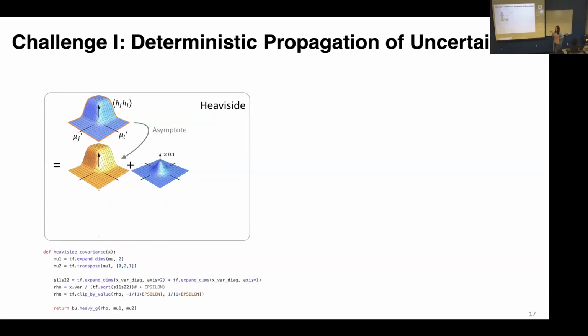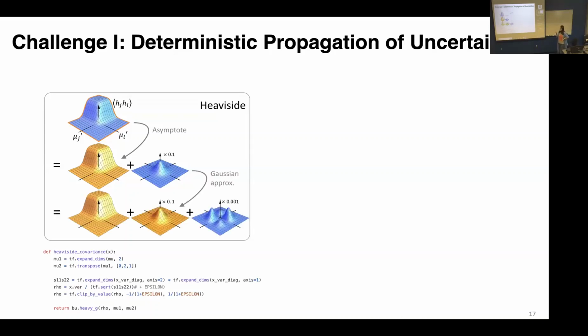I don't want to get into the details of how we derive that, but the high level idea is we find an analytical expression, which is in yellow, to approximate that intractable integral for the second order moments. We can show that the integral is asymptotically close to the analytical form with a small residual, which is a unimodal residual. We further use another Gaussian to approximate that unimodal residual, which leaves an even smaller residual, in blue in the third line.